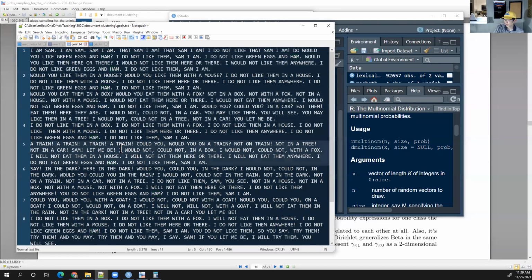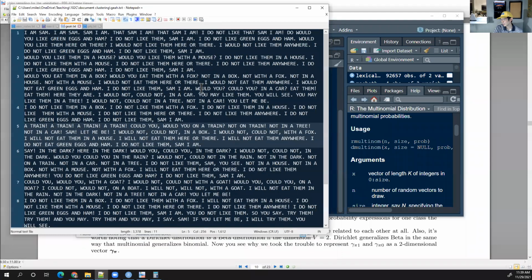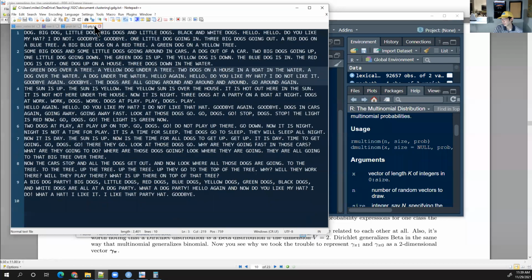So the idea is if you were to just see these piles of documents, each line here being a different document, can we sort these into two different clusters automatically, without informing the computer that one set is green eggs and ham, the other set is about dogs?